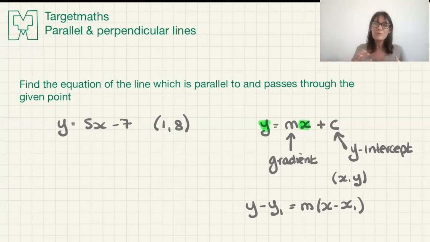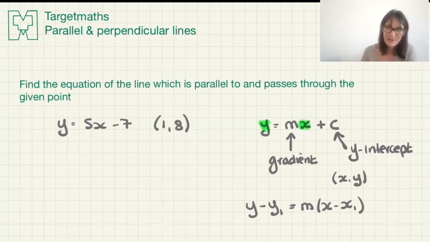That's because this formula itself will generate the c naturally, and we never have to think about it, okay? You can see from our question here that we have a gradient in the equation, and we also have a coordinate. Now, this coordinate belongs in the y1, x1 position.